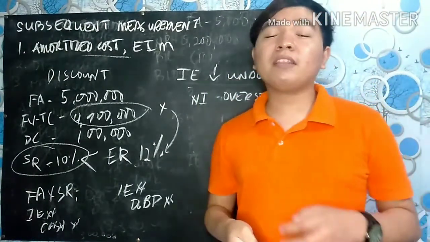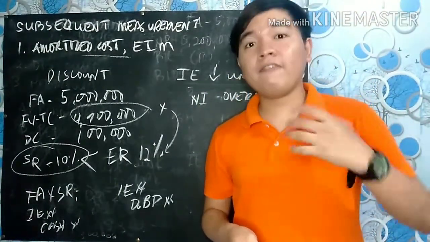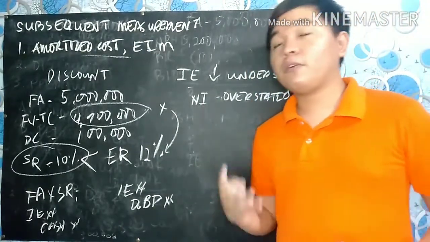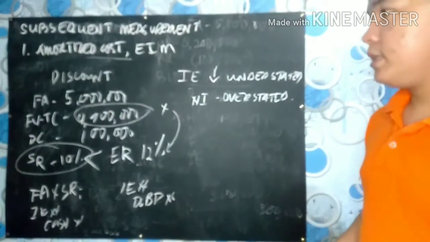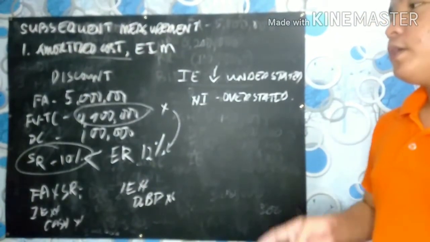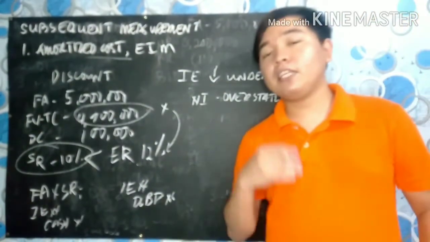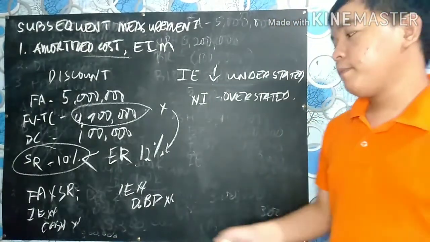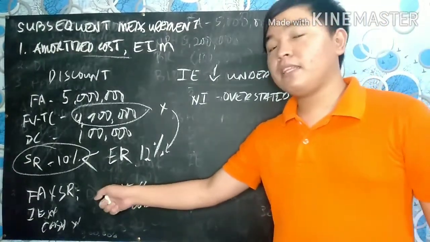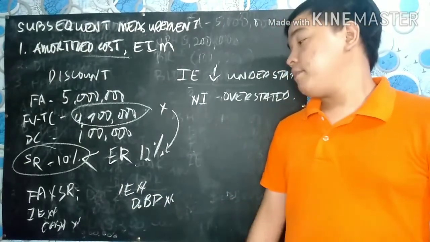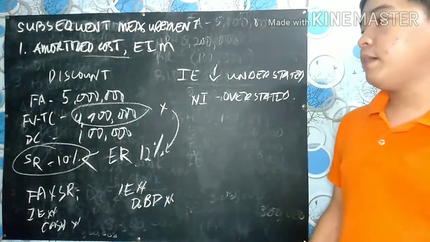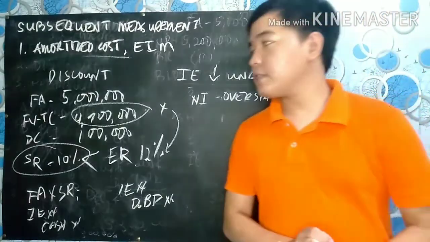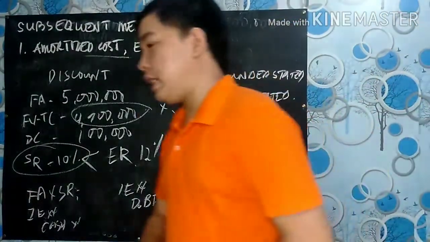Yung income statement natin, hindi reliable. Of course, hindi faithfully represented. Why? Because net income is bloated or overstated. Ganun po yun. So, lagi po natin tatandaan kapag nag-issue po tayo ng discount and pag in-amortize po natin yun, laging may debit interest expense and credit discount on bonds payable. Ganun po siya. Okay, tapos na po tayo sa discount. Magtungo naman po tayo sa premium.